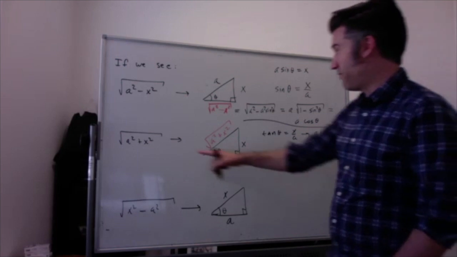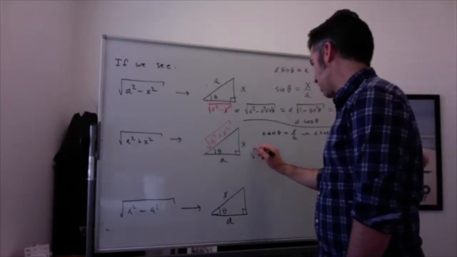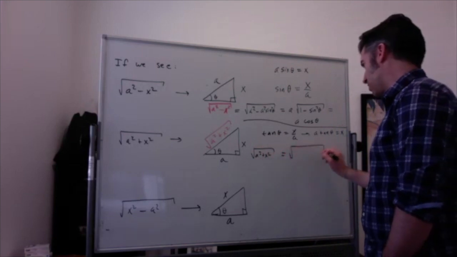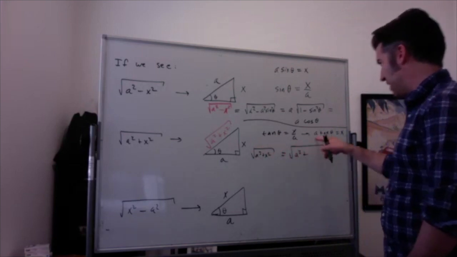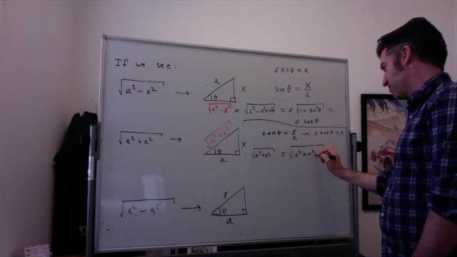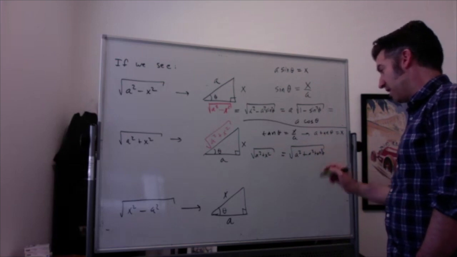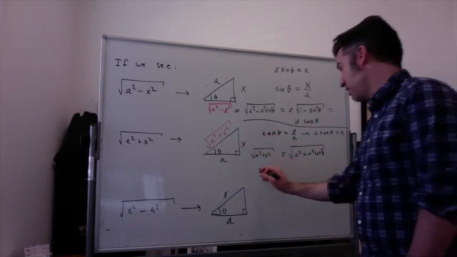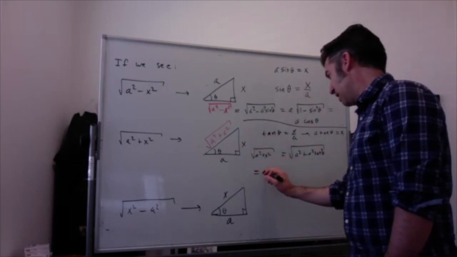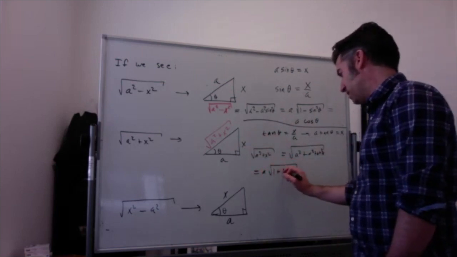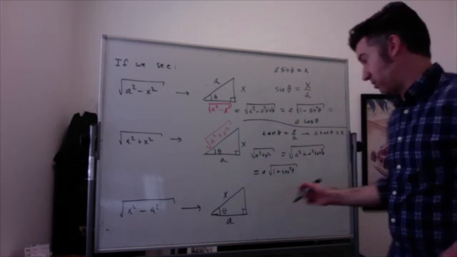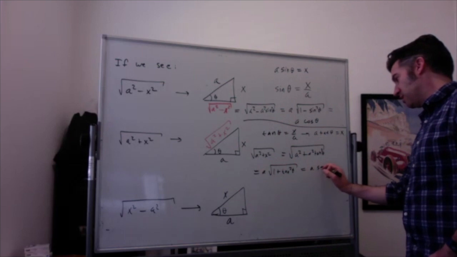And if we plug that in for x, our square root of a squared plus x squared becomes the square root of a squared plus a squared tangent squared. Again, we can factor out the a squared, which comes out as a, and this is going to be a times the square root of 1 plus tangent squared, but we know that 1 plus tangent squared theta is secant squared theta, so it's just a times secant theta.